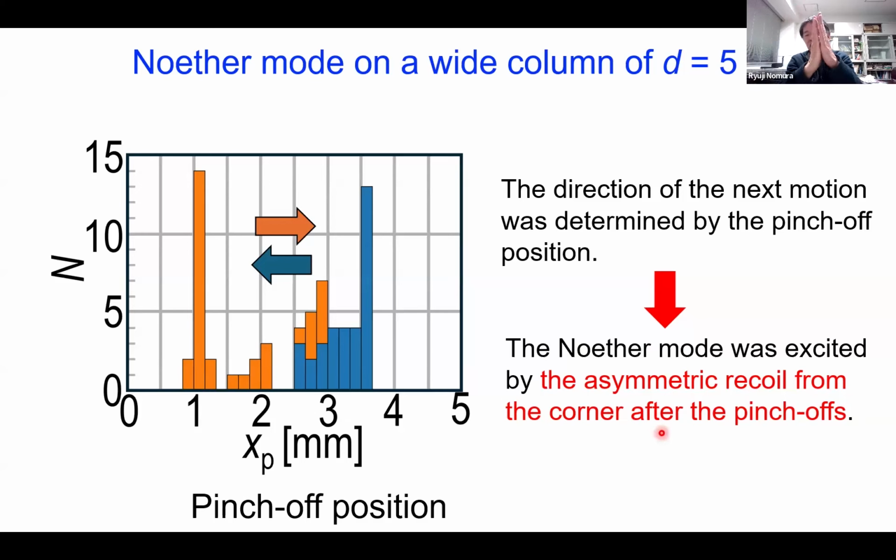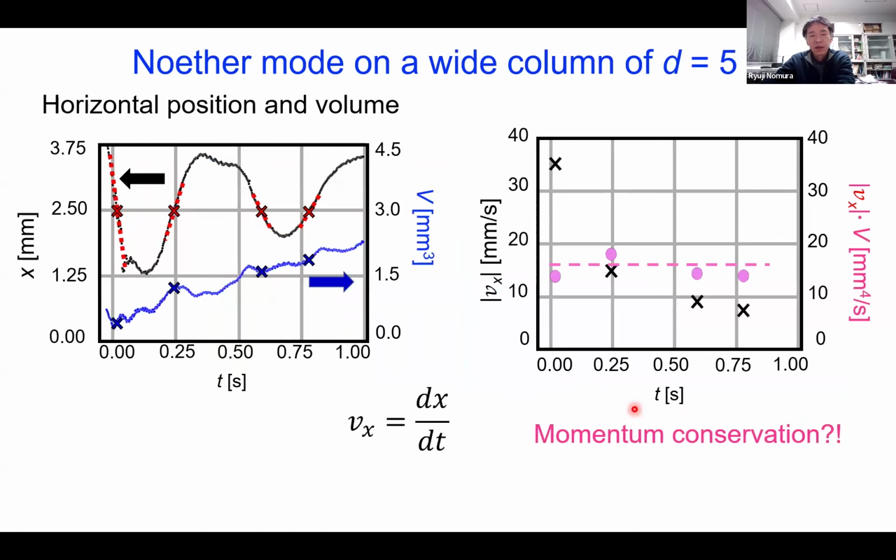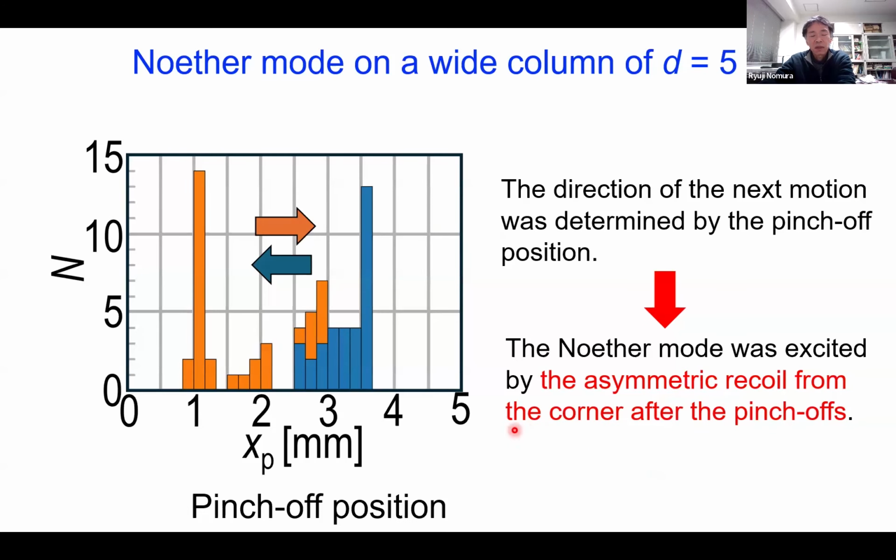So after the pinch-off, the droplet has a recoil from the corner, and it's the initial drive. And after this initial drive, the droplet keeps the initial momentum, and it moves in this way. So that's my interpretation of how the droplet motion is induced on the horizontal plane.